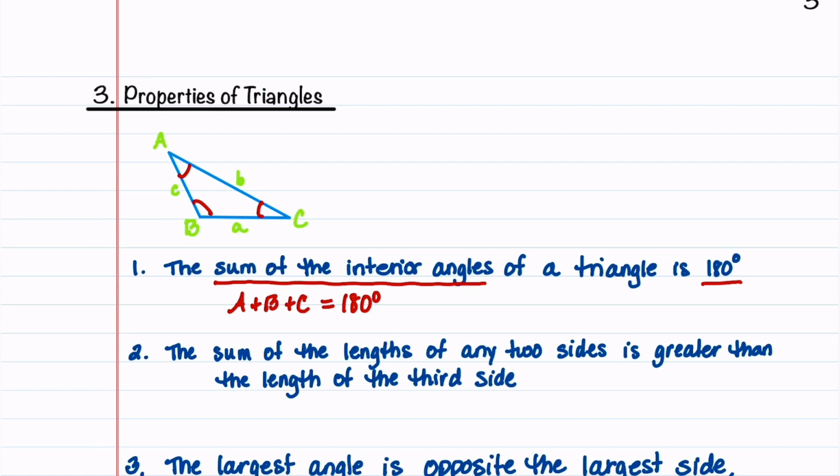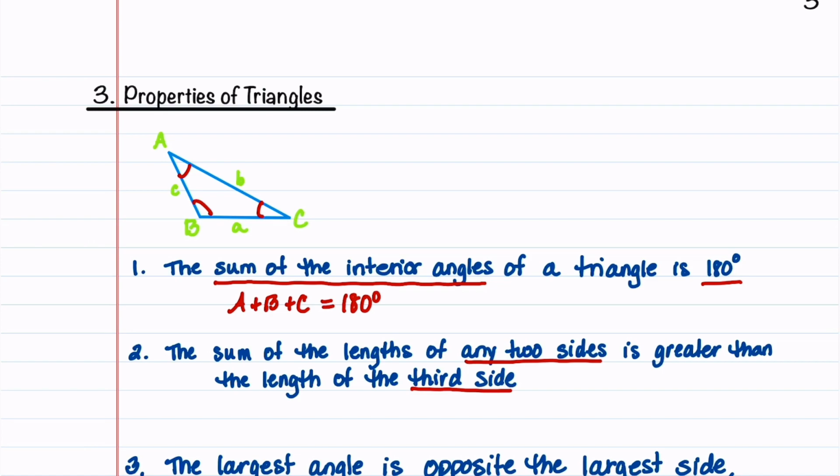The second property says that the sum of the lengths of any two sides, so let's underline any two sides, is greater than the length of the third side.